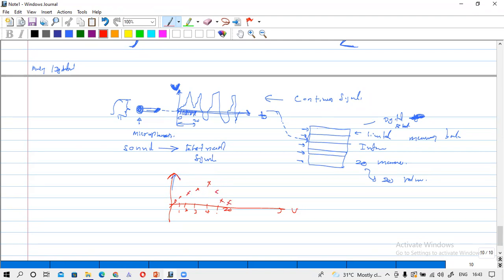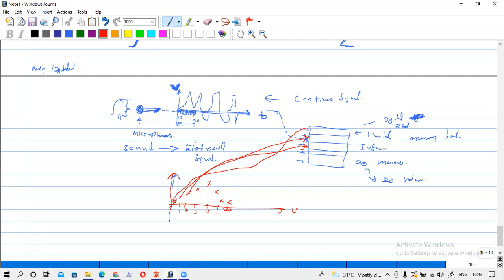That means limited values are there, not infinite values, so these values can be stored in the RAM. The first point we store in the first memory bank, the next point in the next memory bank, and likewise.